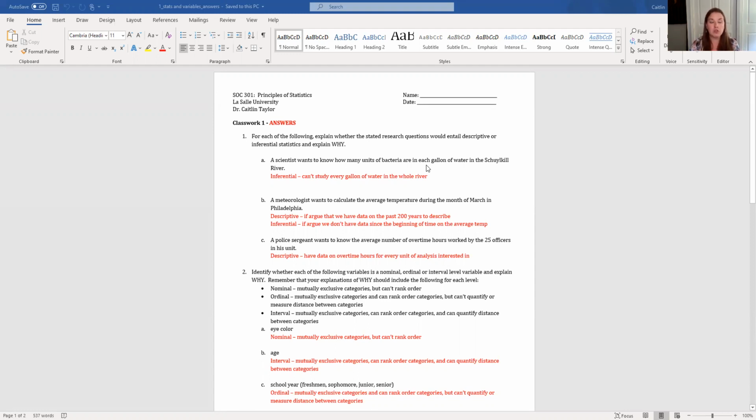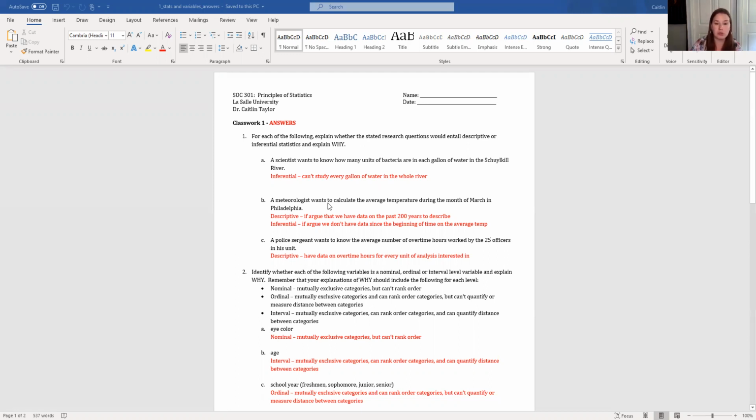So in order to answer this research question, we would sample gallons of water from different places in the Schuylkill River, measure the amount of bacteria in each of those samples, and use those samples to make an inference about the population that we want to study, the whole river. So here we would say that it's inferential statistics, because we can't study everything, every gallon of water in the whole river.